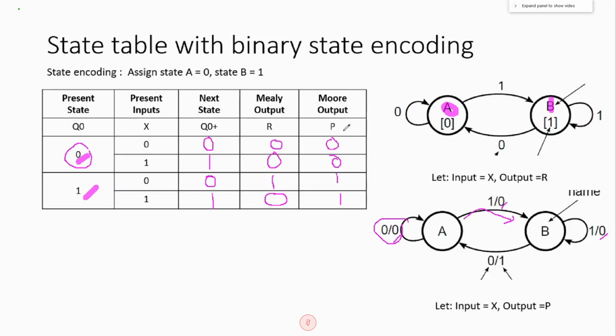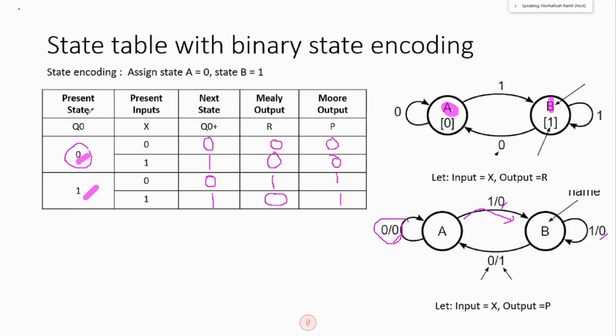For the Moore output, this will always be the same regardless of the input. Whereas for the Mealy, you are still in state B, but because your input is changing, your output is also changing. Are you clear?